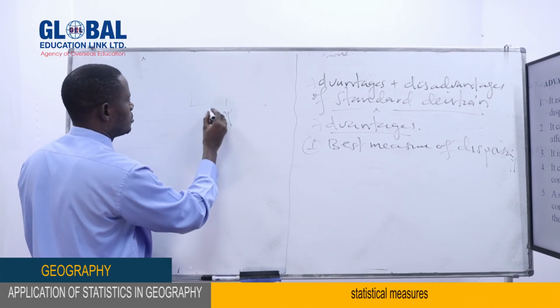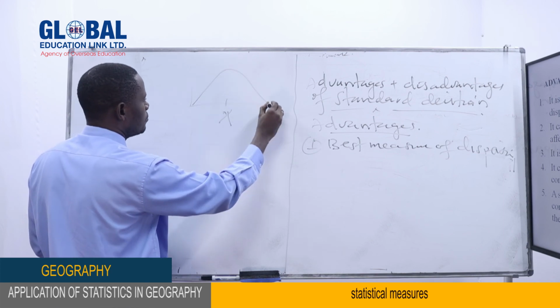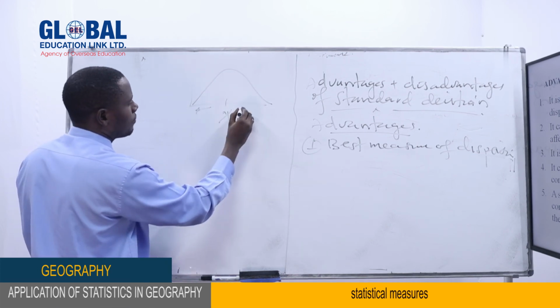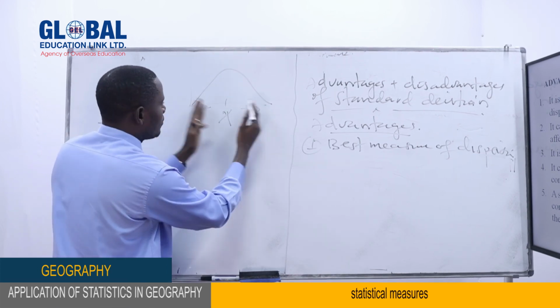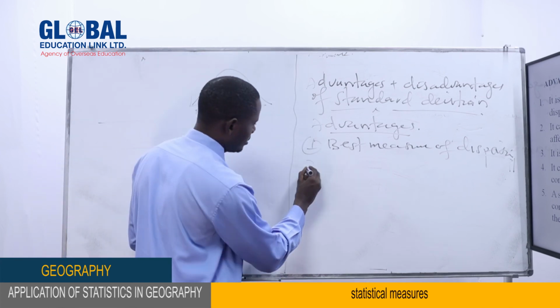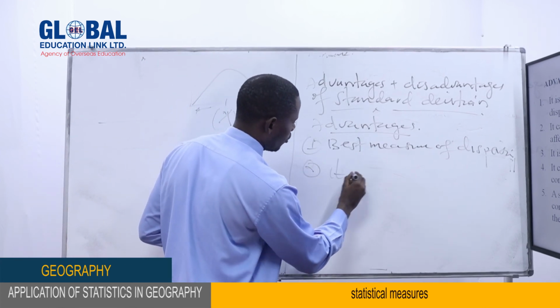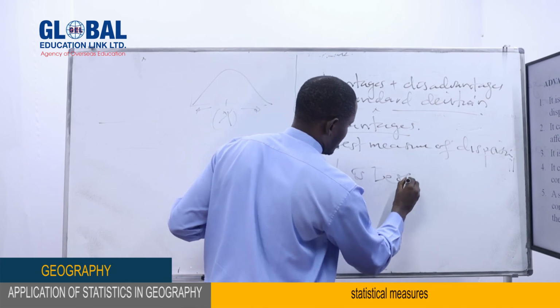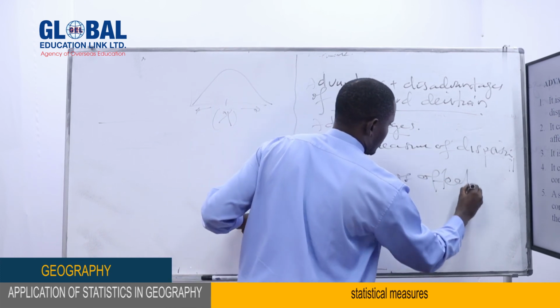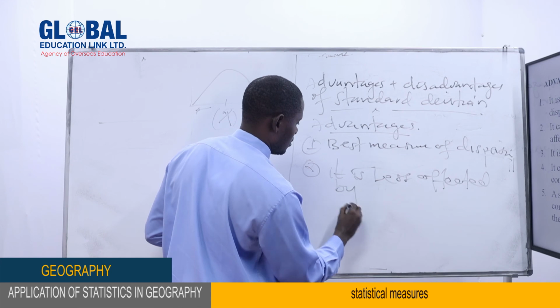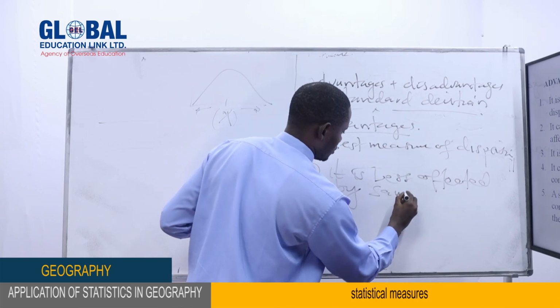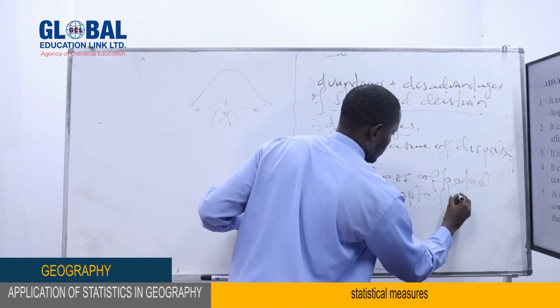From the mean. So if you have the standard deviation, it means you know how much you have deviated from the mean. But again, they are saying it is less affected by sample fluctuation.